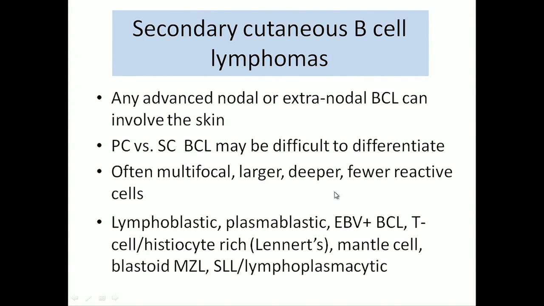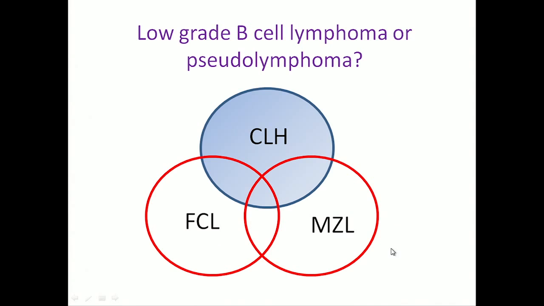As broad lines, those clues may help you a little bit. And any subtype of systemic lymphoma has been reported in the skin. So the ones that you are going to encounter, both dermatologists and pathologists, in your clinical practices, for the most part are going to be the low-grade B-cell lymphomas.